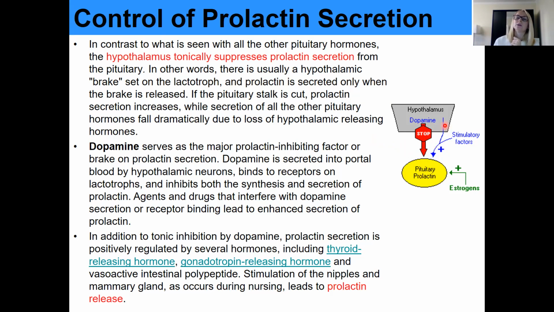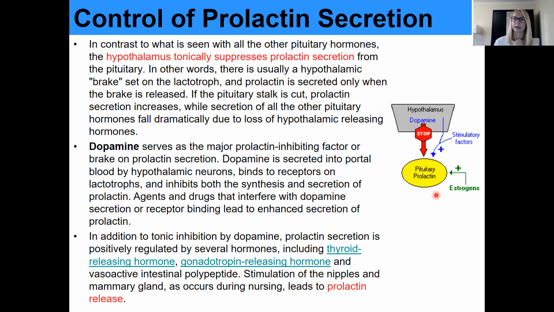The next hormone which can inhibit prolactin secretion is dopamine. It has an inhibitory effect. Dopamine is secreted into portal blood by hypothalamic neurons, binds to receptors on lactotrophs, and inhibits both synthesis and secretion of prolactin.